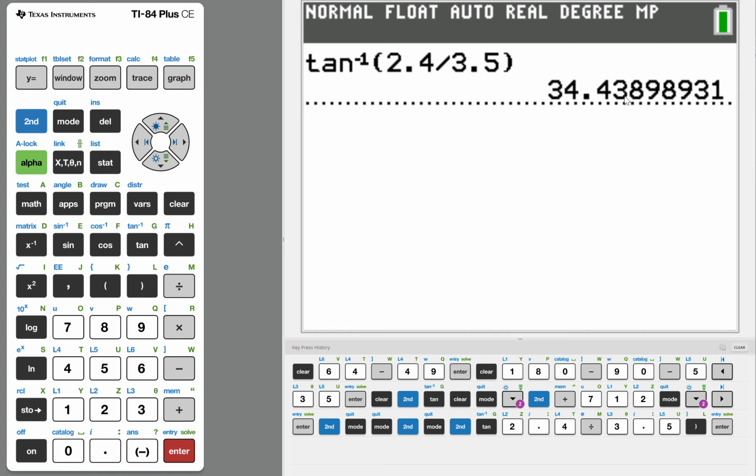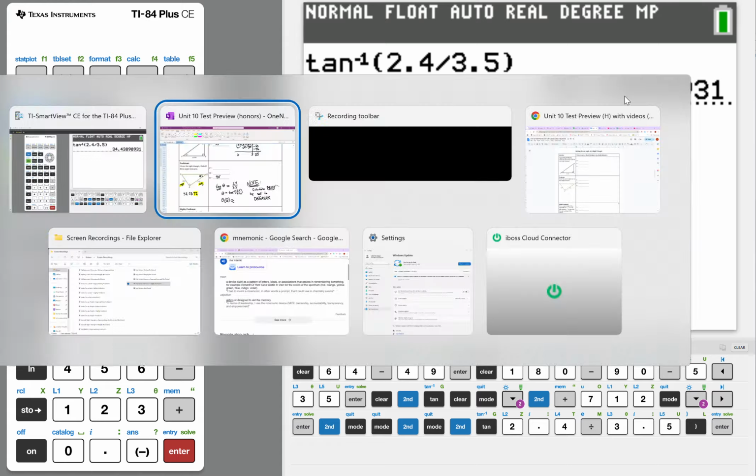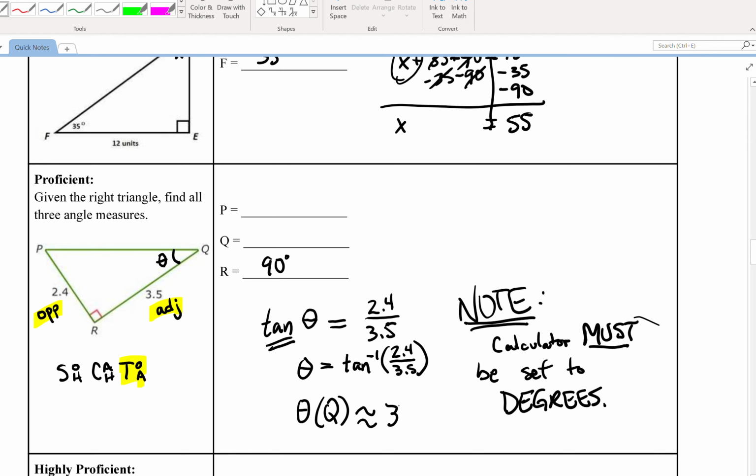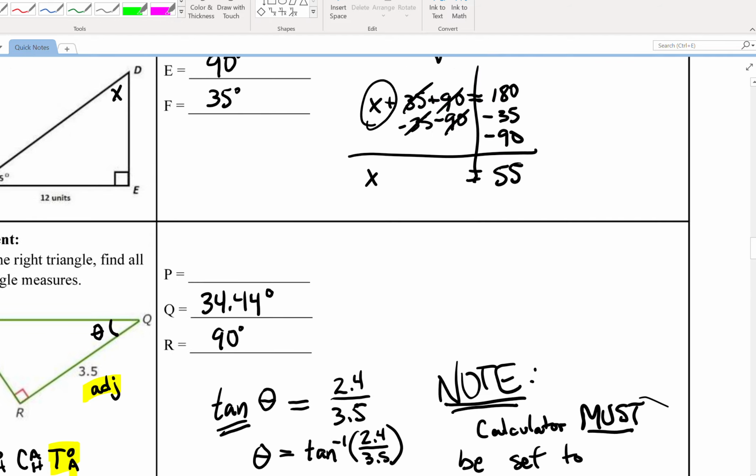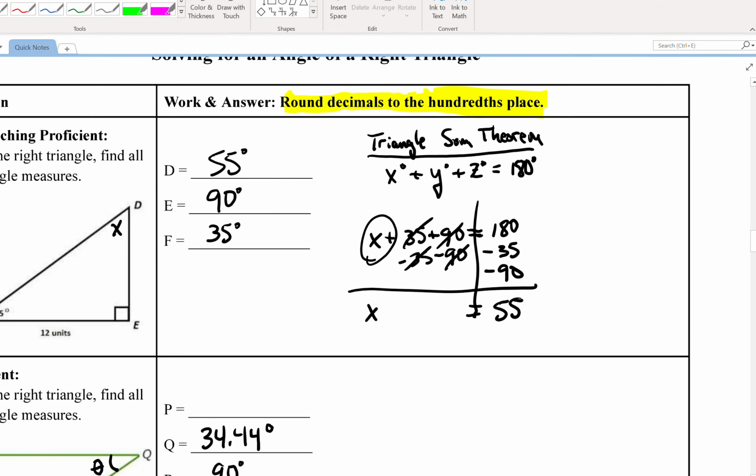So it's 34.44 degrees. Make sure you're writing that degree in there because then we know that these are angles in degrees.